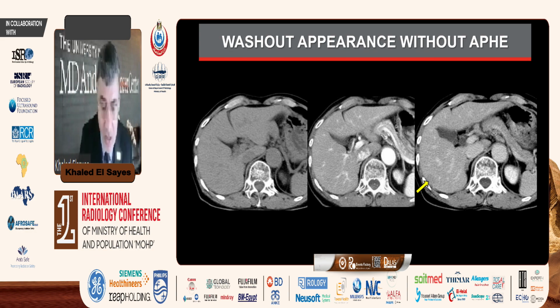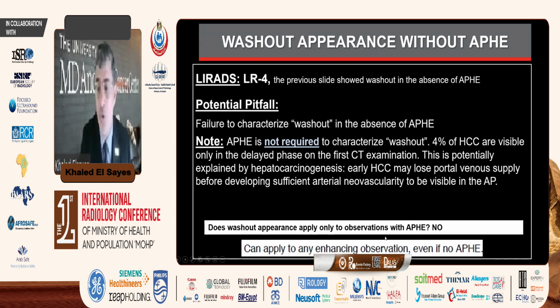Yes. The key lesson here is arterial phase hyperenhancement. So you don't see arterial phase hyperenhancement here, right? Arterial phase hyperenhancement is not required for the definition of washout. Why? Because 4% of HCC are visible only in the delayed phase on the first examination.